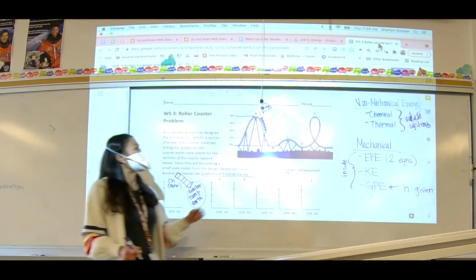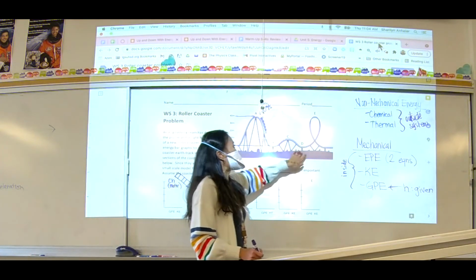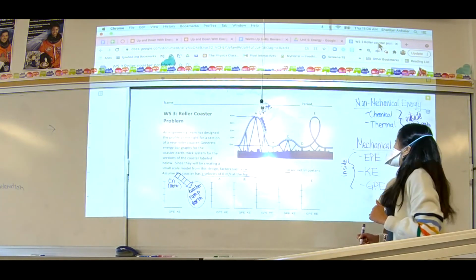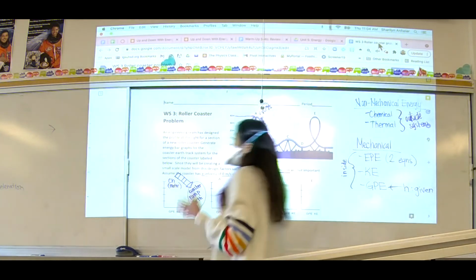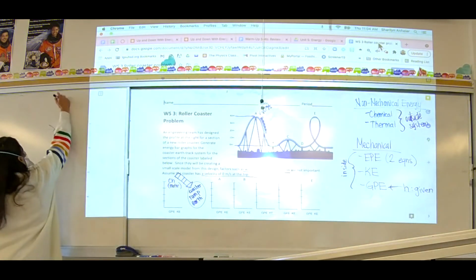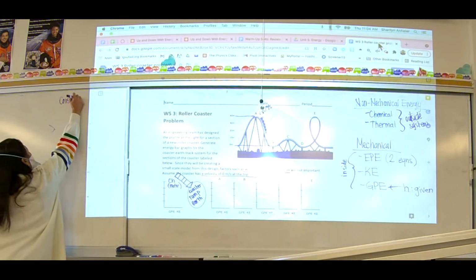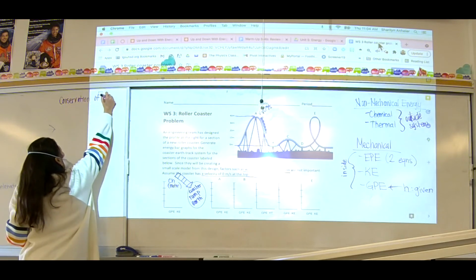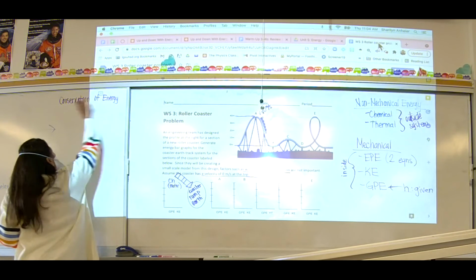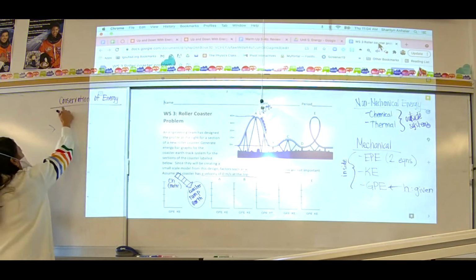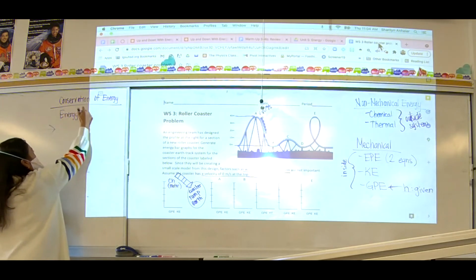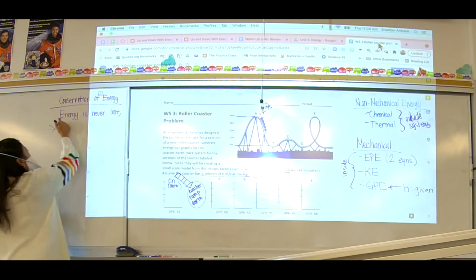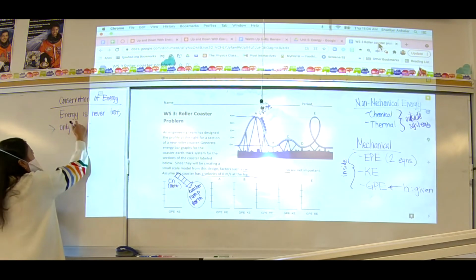From that point on, you should be able to determine what type of energy is in each individual part. And I want you to think about our very, very important concept of conservation of energy, which means energy is never lost, only transferred.